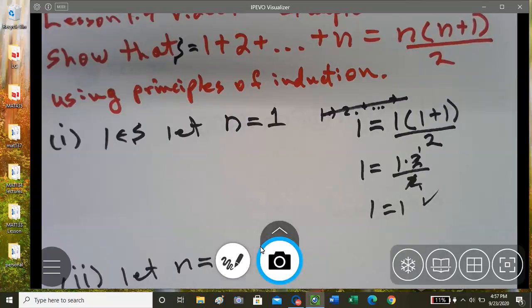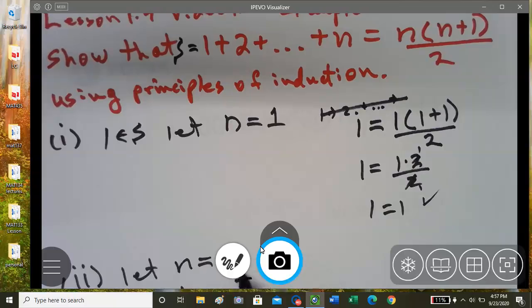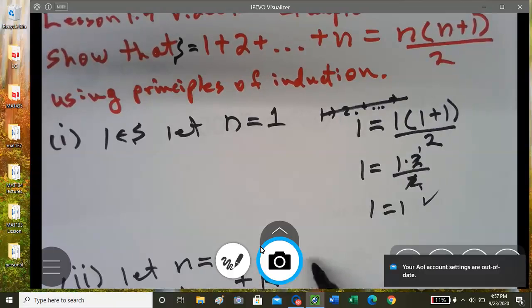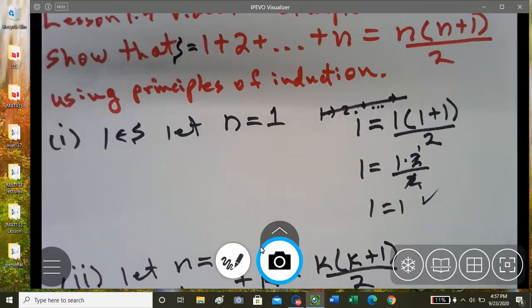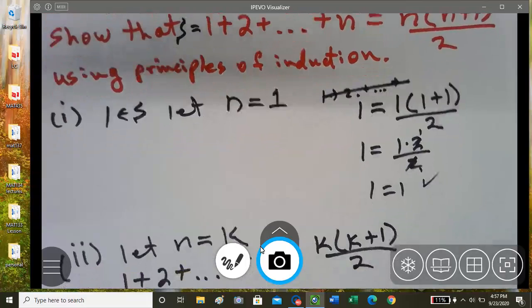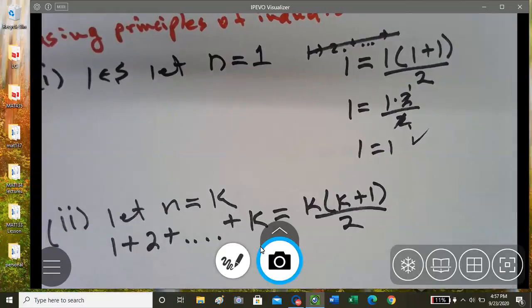So now we're saying 1 plus 2 plus ... plus k equals k times k plus 1 all over 2. Okay, so that's all we do there. All we did was just substitute n with k.